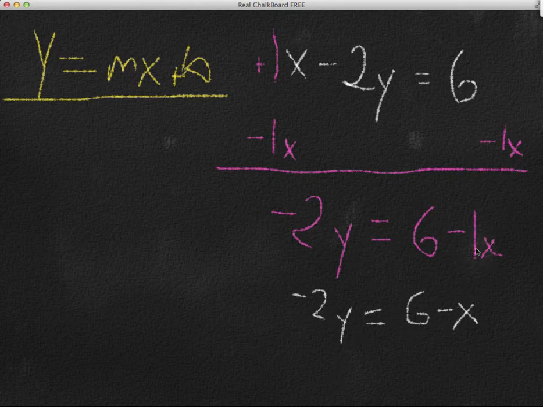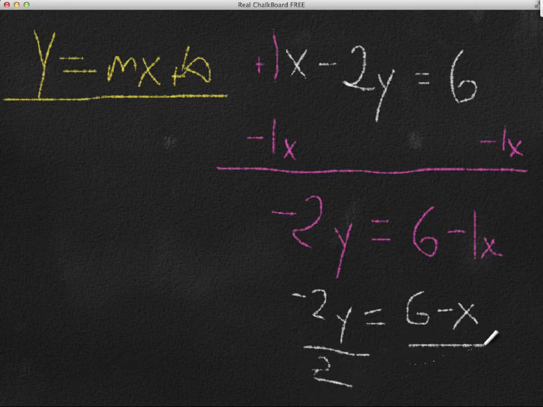So if I want to get rid of this 2 on this side, what I'll do is divide by 2 on this side, and divide by 2 on this side.